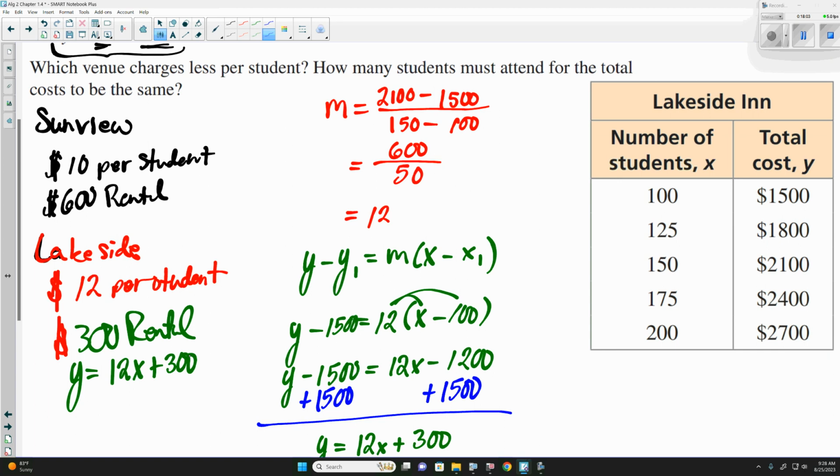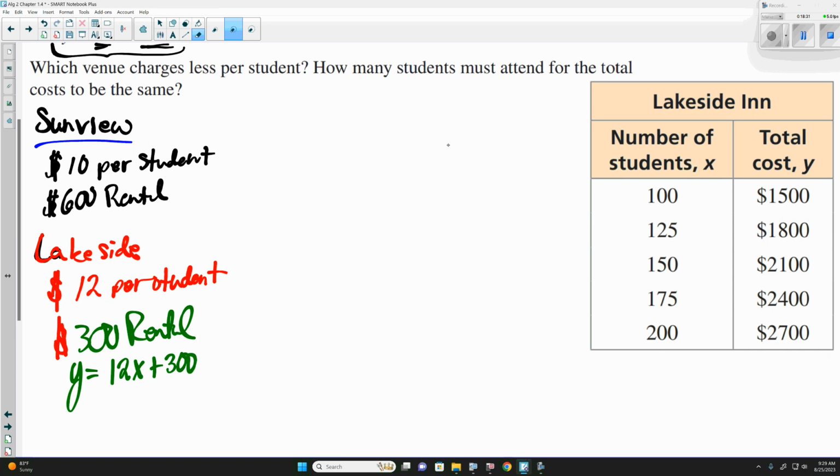Now, looking at these two, which one charges less per student? Sunview. So the first answer is Sunview, because they only charge $10 compared to 12. Right, because they have $300 cheaper rental fee.